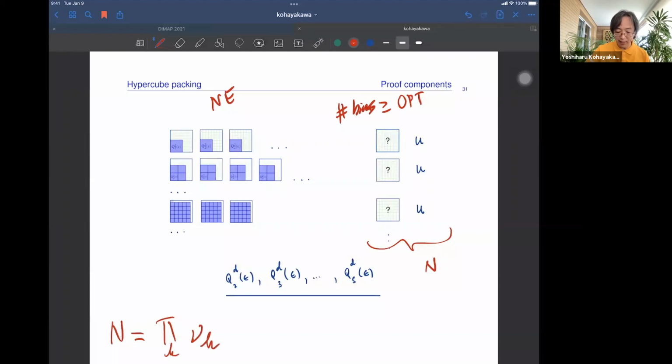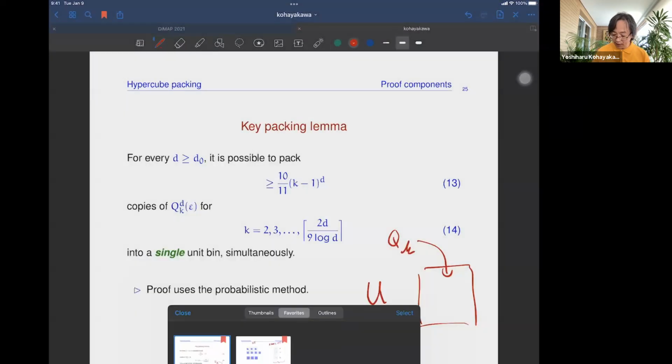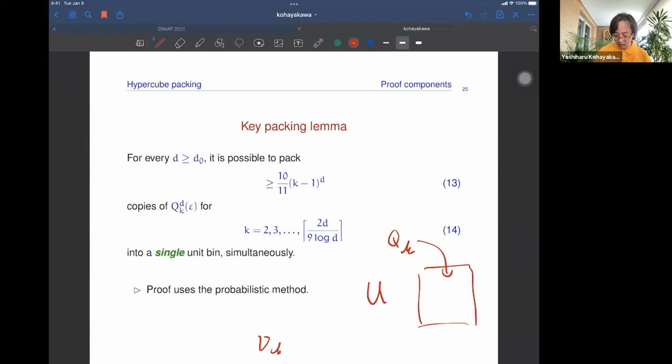And what is nu k? Nu k is the number of QK in U. So this U contains these QKs for several k, and I count for each k how many of them I was able to fit into this packing U, right? This U contains several of them, and I just count.